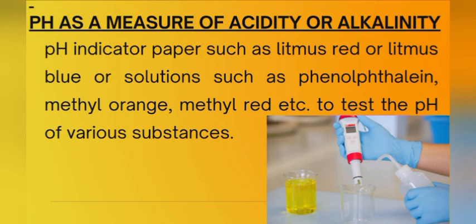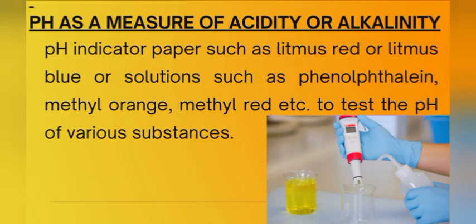I've said that pH is a measure of acidity and alkalinity. Your litmus paper also is a measure of acidity and alkalinity, even though it cannot determine how strong the acid or the base is.